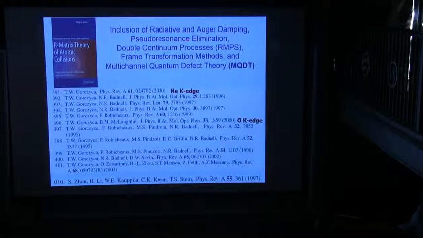Now, I'll just point out a couple. Radiative damping was brought up by Peter yesterday, but the Auger damping is crucial for getting the correct shoulder broadening and the correct widths of inner shell resonances, and that in turn relies on a quantum defect formalism, which has been introduced in there.